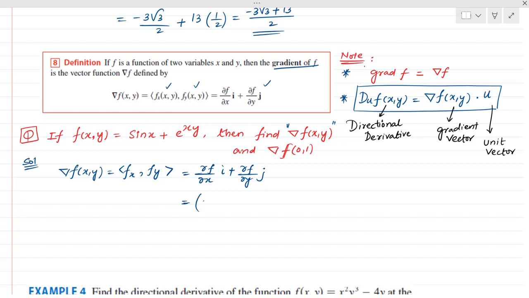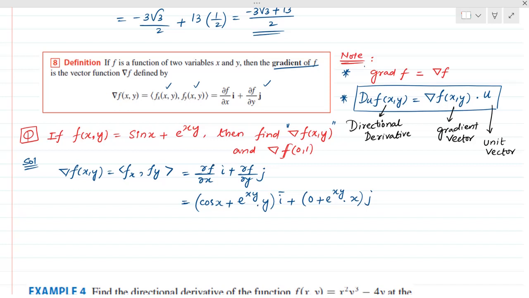So the x differentiation of sine is cosine, plus e to the power xy as it is, times y. This is the i vector, plus the j component with respect to y. So how will you calculate with respect to y? Here there is no y term in the first term, so 0, plus e to the power xy as it is, and differentiating y gives 1, so you get x. This is the j vector.